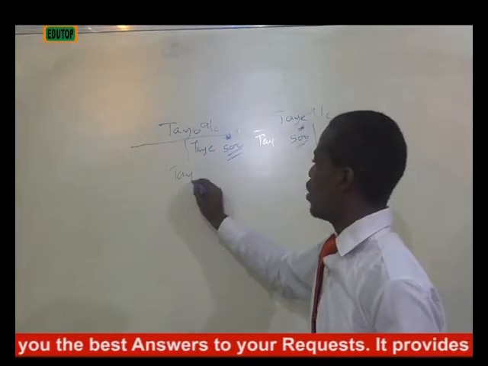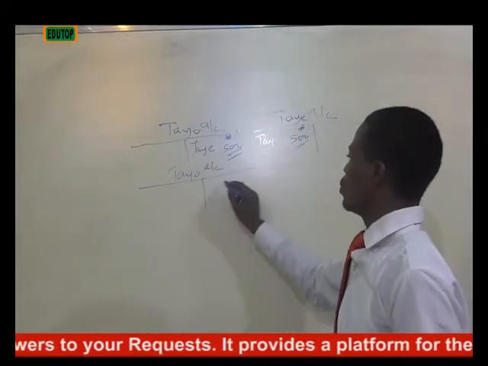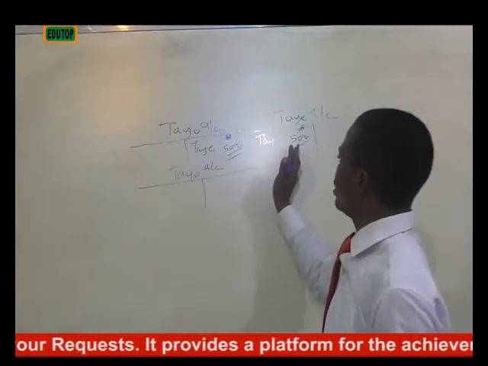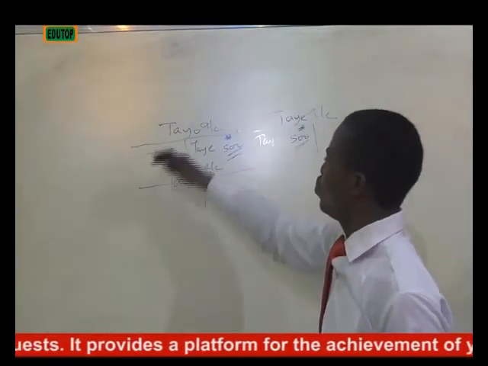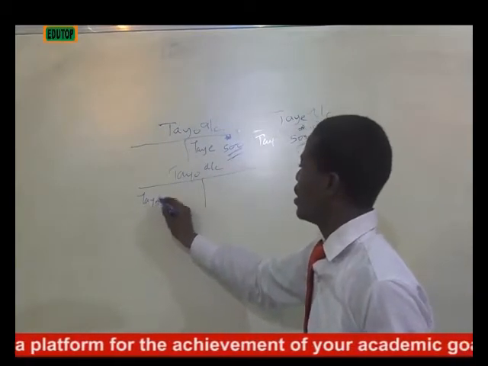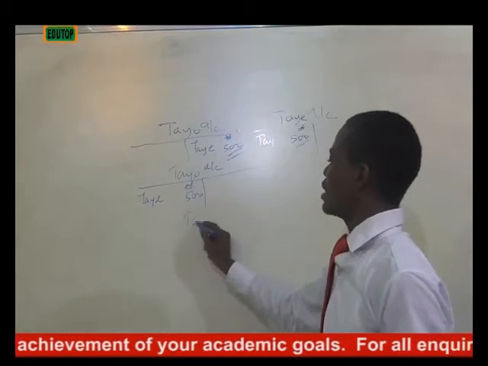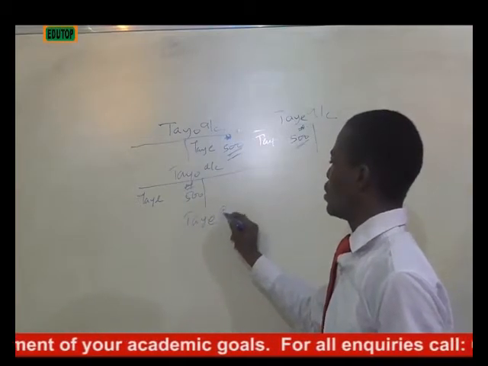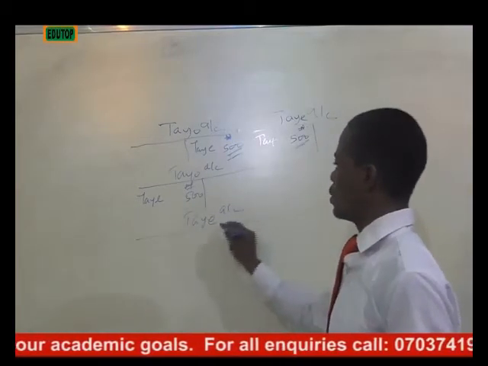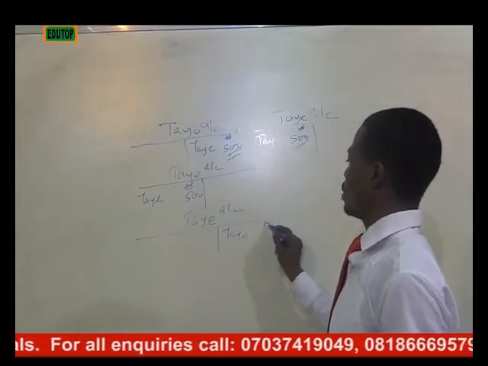You take this one and return it back to Tayo's account, which is 500.